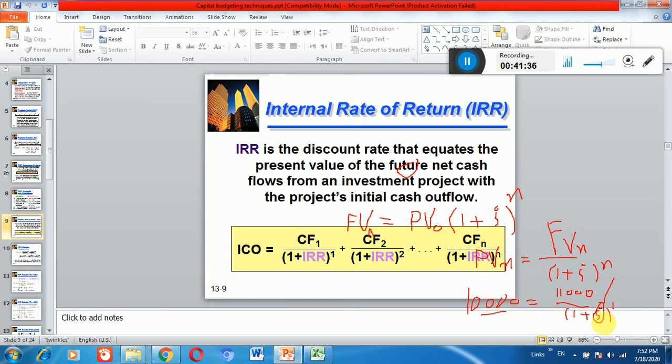So the discount rate that equates the present value of the future cash flow. How much is the future cash flow here? $11,000, equated with the present or the initial cash outflow. So that rate is actually called the IRR, or internal rate of return. So IRR is a discount rate that equates the present value of the future net cash flows, right, from an investment project with the initial cash outflow.